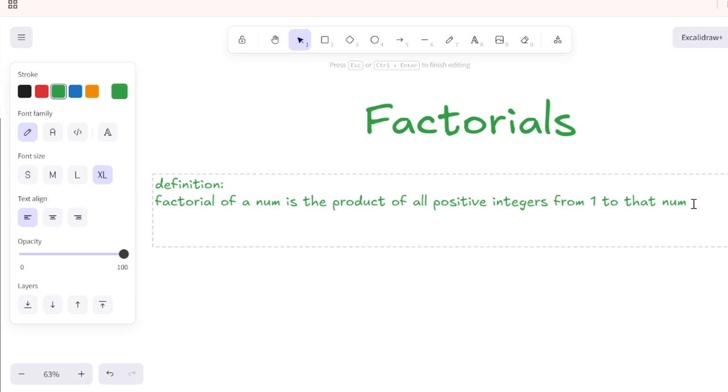And we also have a formula here to find the factorial of a number, which is so simple. N factorial is equal to n into n minus 1 and into n minus 2 and into so on, 2 into 1, like that.